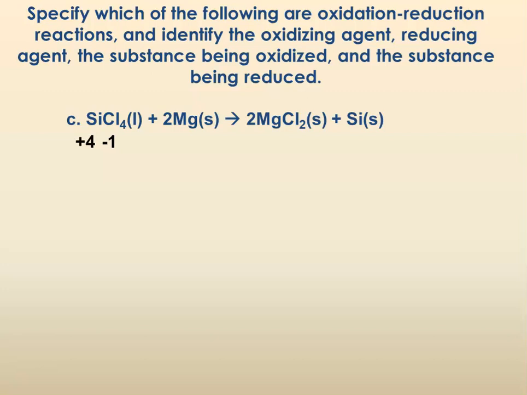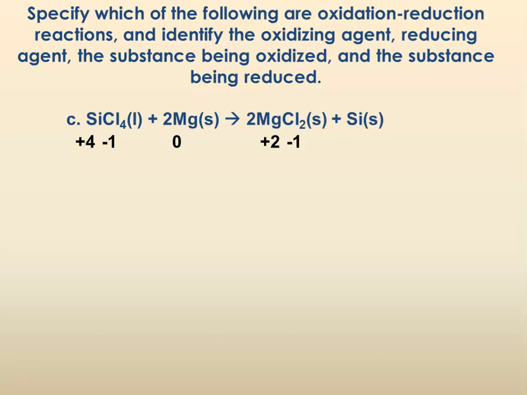Magnesium is by itself, so it is not an ion. It would have to be neutral with an oxidation number of 0. In magnesium chloride, magnesium is always going to be +2 because it's a metal from the periodic table, a monatomic ion, and that's fine. Chlorine is always going to be -1, and together, 2 -1s and +2 add up to an oxidation number of 0 for this compound.